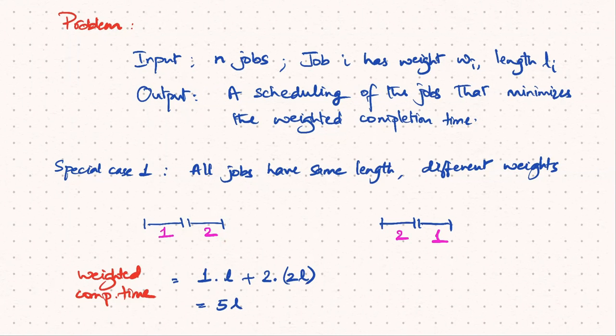And for the other scheduling, it is the weight 2 times its completion time L, plus the weight 1 times its completion time 2L. The first job completes at time L and the second at time 2L. So this works out to just 4L.